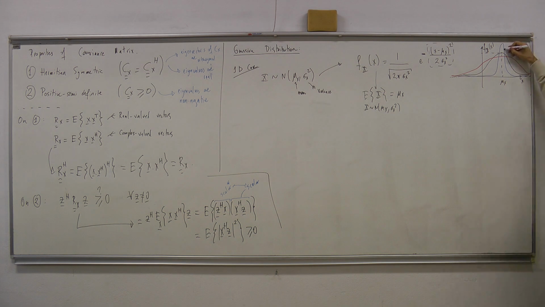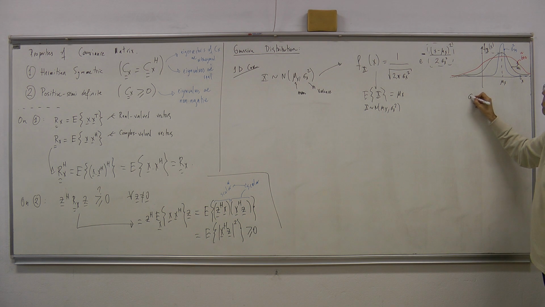This is sigma x squared 3 for the third random variable, and there is a second random variable. All of them are Gaussian distributed, and this is the first one. So what happens if I increase this variance?